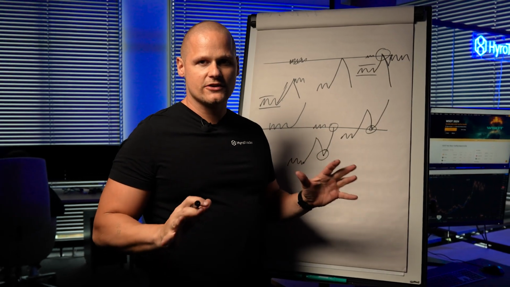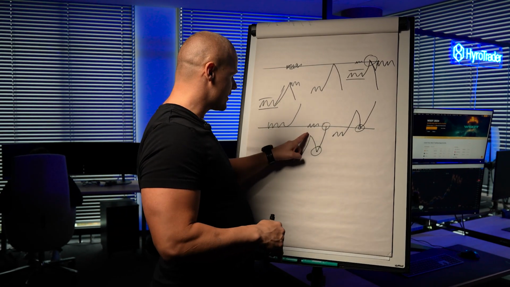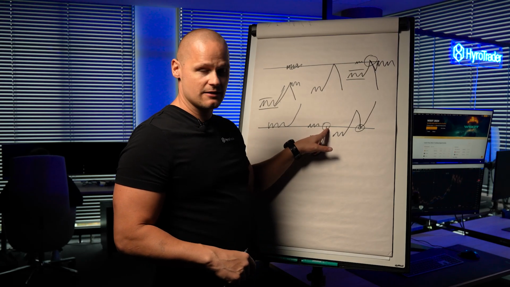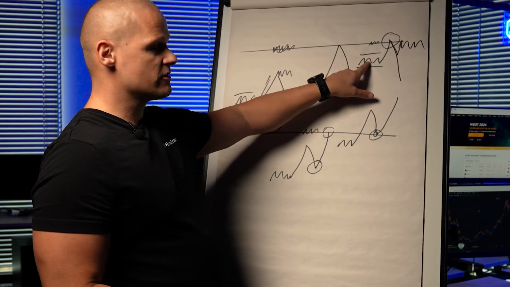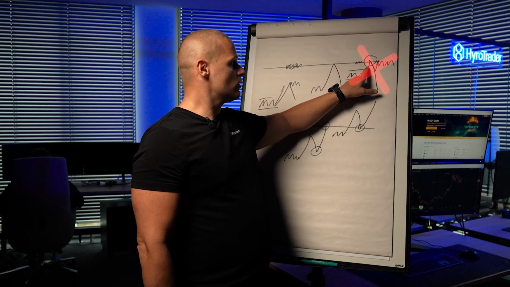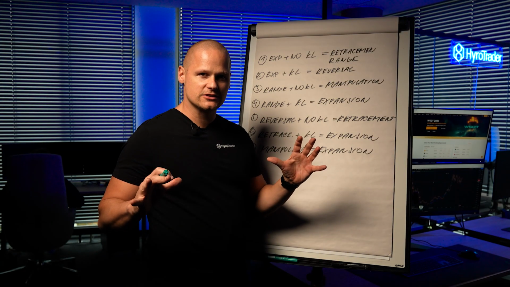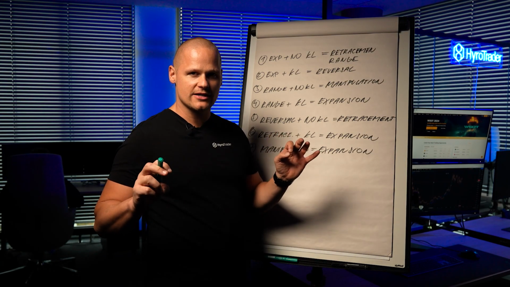So by filtering these things and avoiding trading retracement when the price is not on the level, trading in the range, especially if the price is below the key level. So when you expect the manipulation, you don't want to trade this because you don't know how big the manipulation is going to be. So here is the summary and the filter of the possible outcomes in relation to the key levels and the market phases.